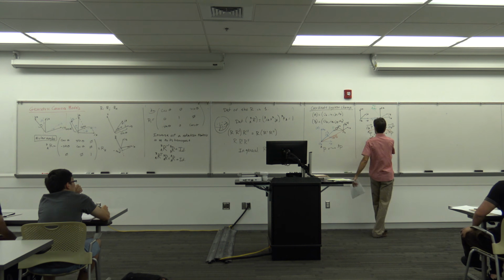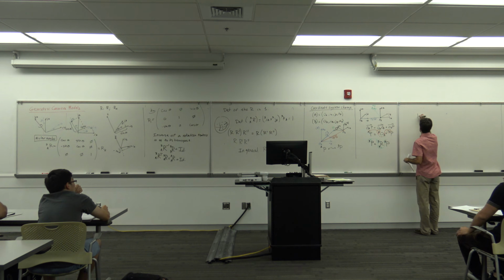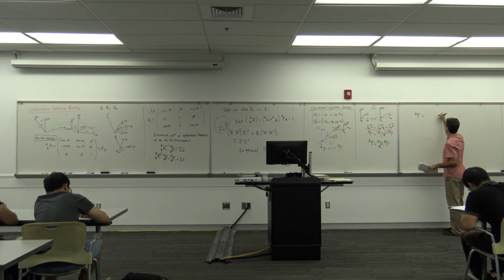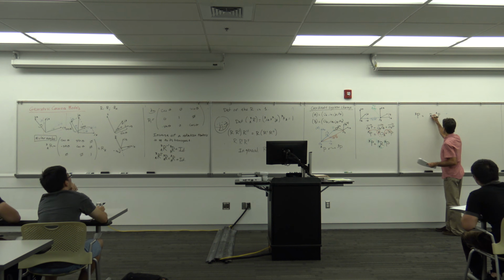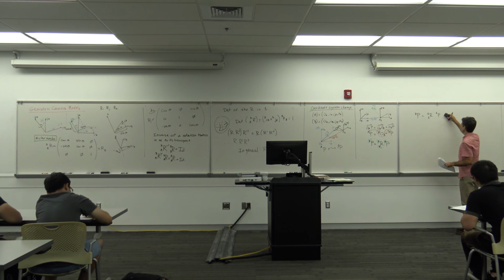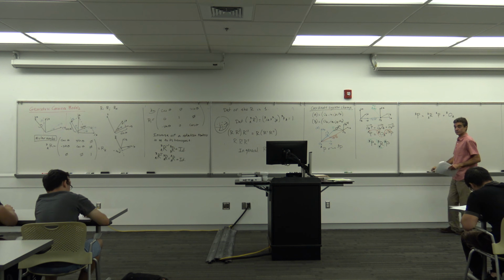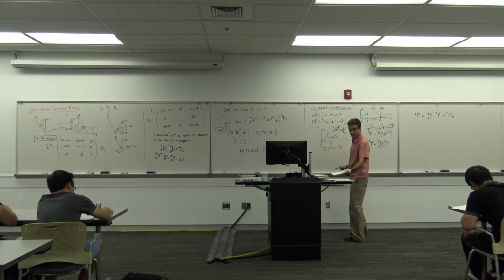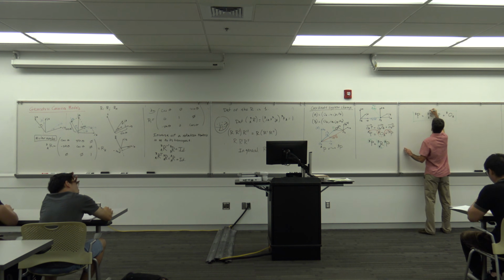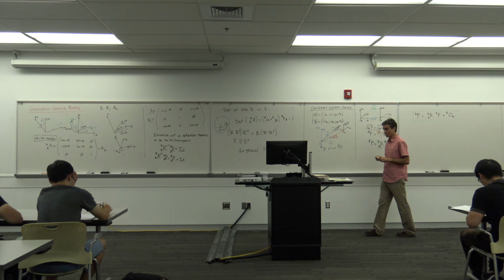So I have point P_B, given by my point P_A, multiplied by my rotation from A to B, plus my representation of the origin A in the coordinate system B. And that is the equation that we're going to use to change from one coordinate system to another.